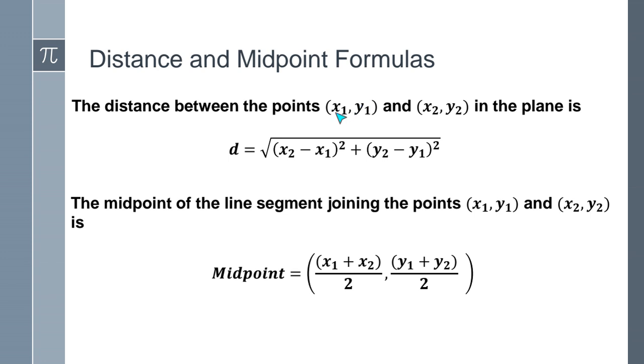These are just going to be ordered pairs, and so I have them listed as x1, y1, x2, y2. And then the midpoint of the line segment that joins these 2 points can be found with (x1 plus x2) and (y1 plus y2), each divided by 2. And so we're going to do a couple of examples.